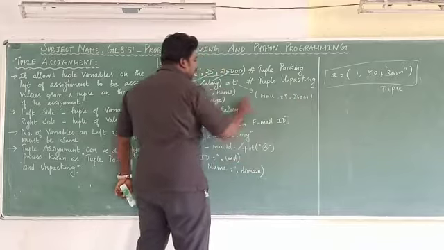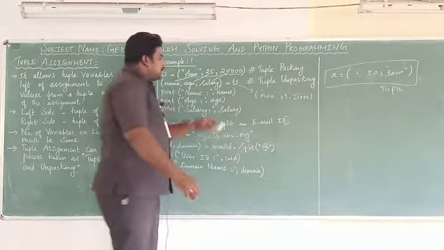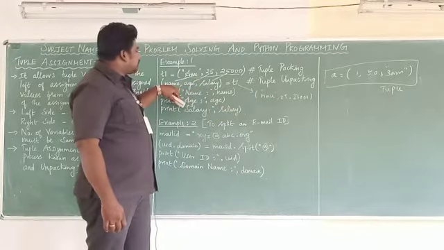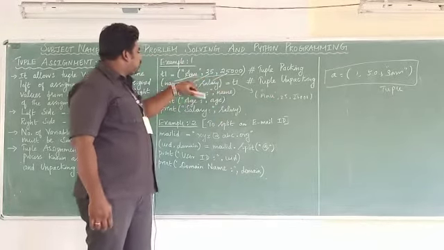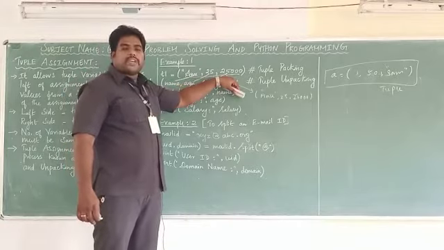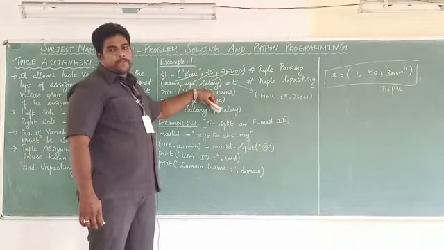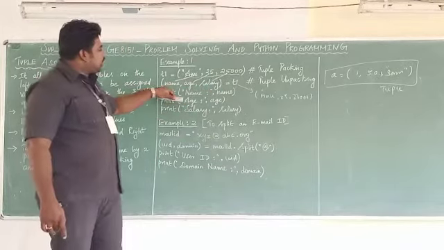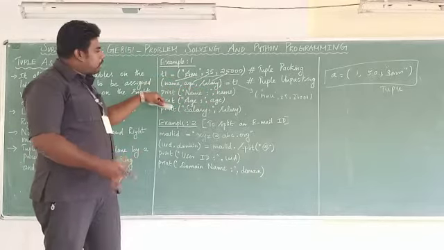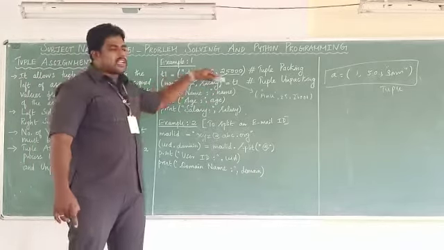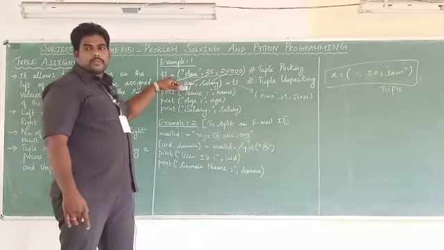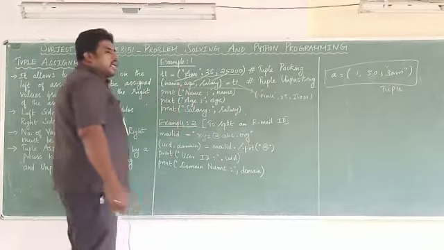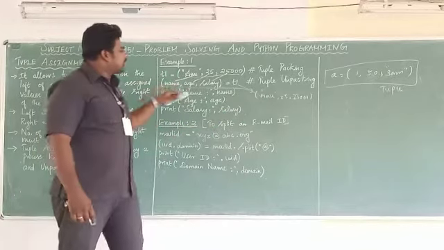So T1 denotes this tuple. This Anu will be assigned to the first variable name, 25 is assigned to the second variable age, and 25,000 is assigned to the salary. All of you got it? In the same order it will be assigned. These are the collection of variables in the tuple, equal to another collection of values in T1. Inside this T1, the values will be assigned one by one in the same order.